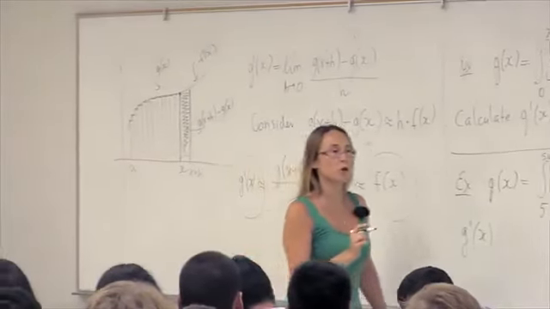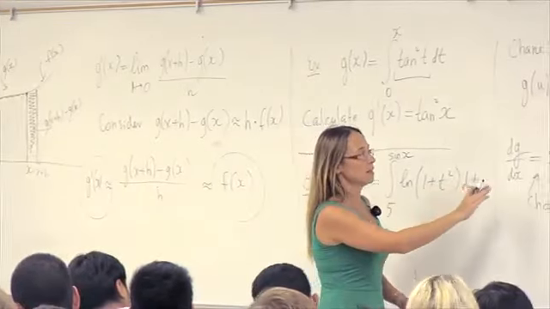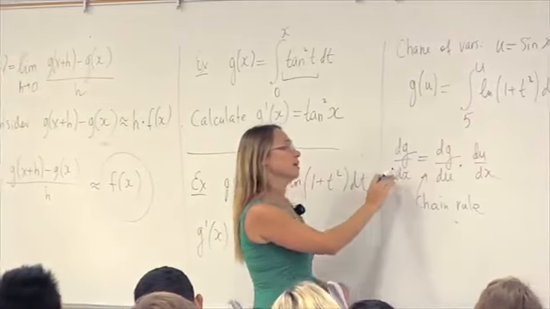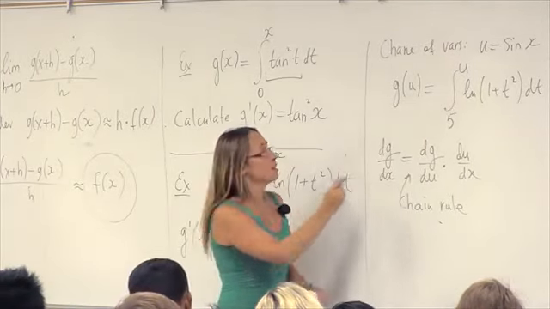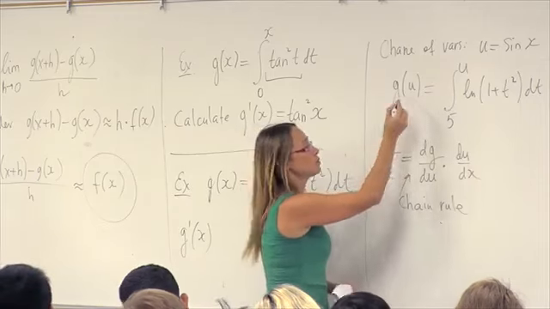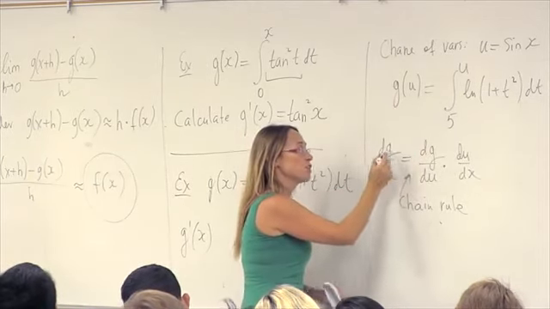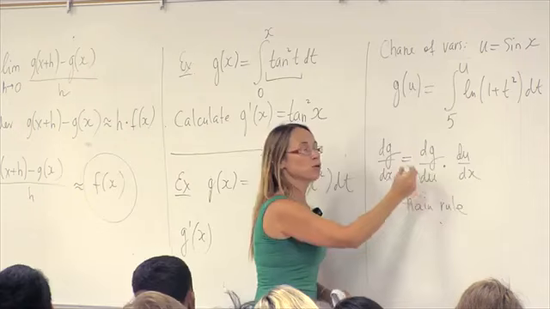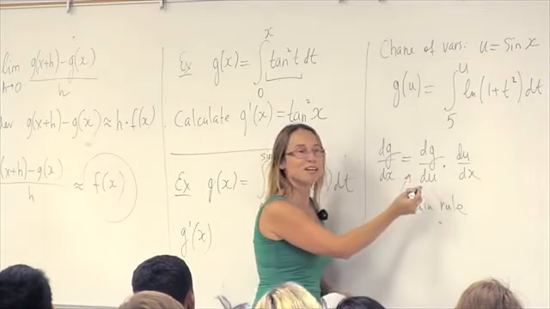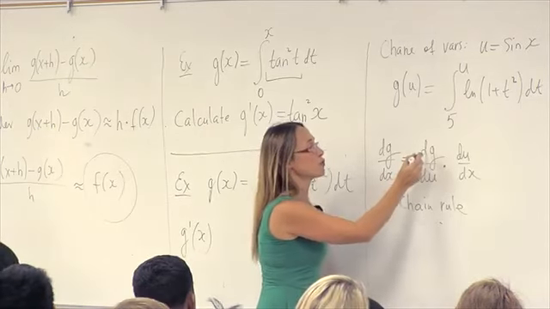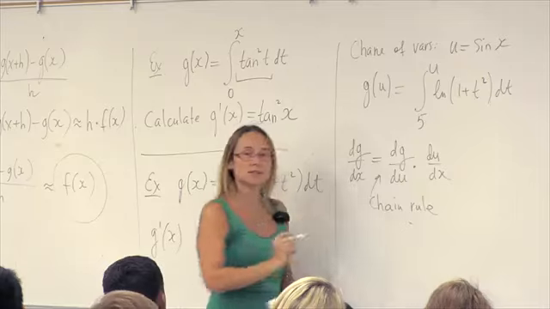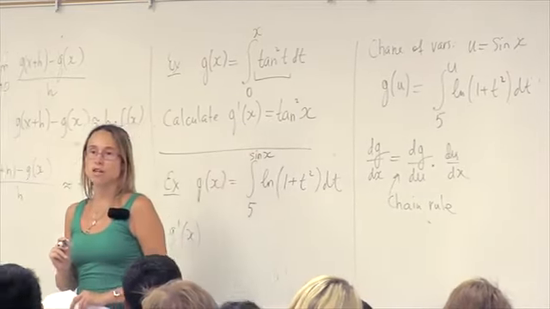You have to recall what it is. It's a way to evaluate a derivative indirectly. When g is a function of u and u is a function of x, we can differentiate g with respect to x, but we have to do it through differentiating it with respect to u. So first we go dg du and then du dx. Remember this? Yes. Chain rule.